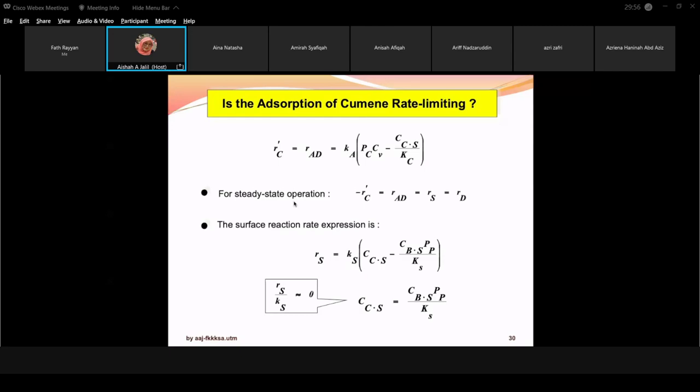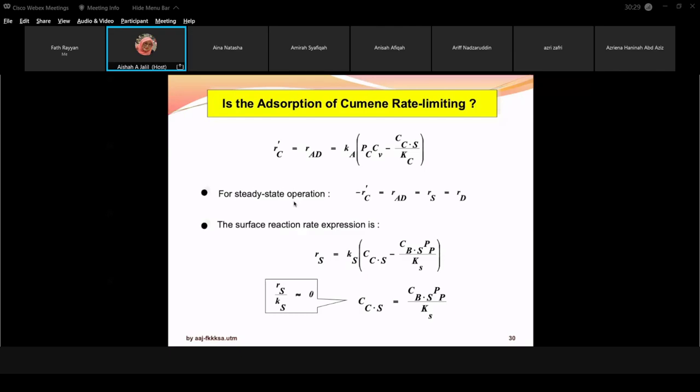Can you see your WhatsApp? I WhatsApped you the page. That is the algorithm for how to determine the reaction mechanism and the rate limiting step. Yes, doctor. Okay, that's very important.